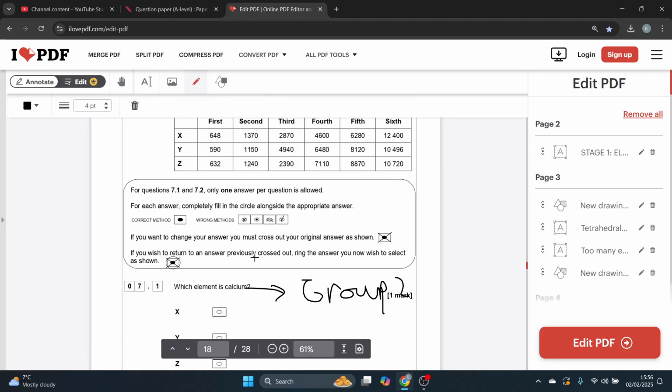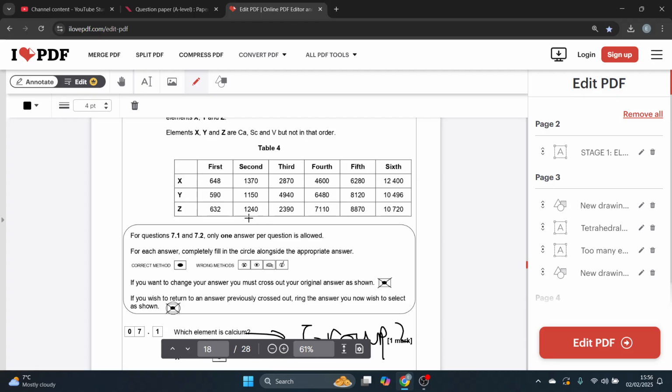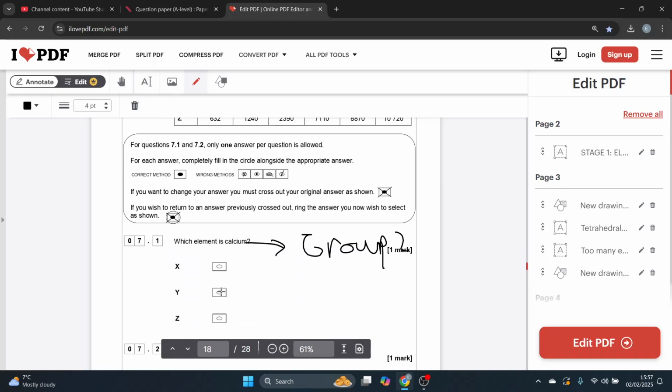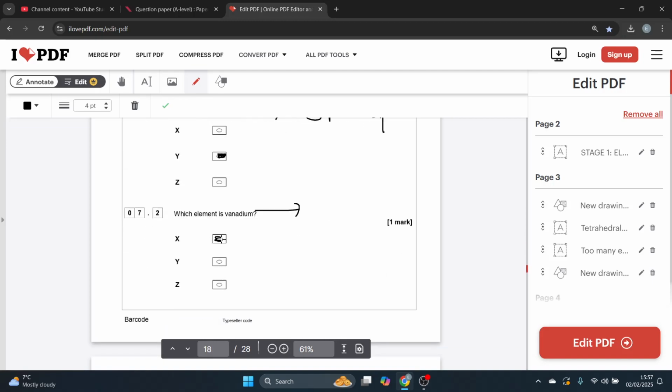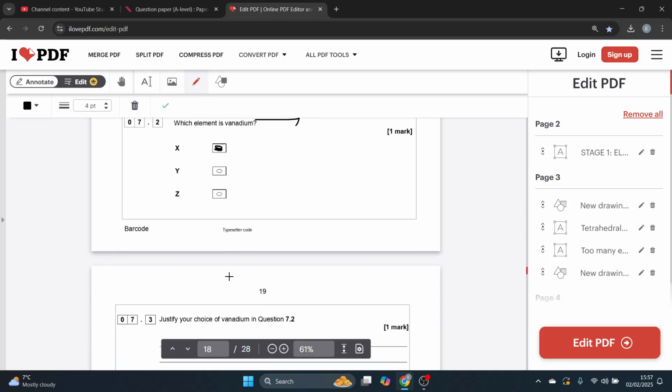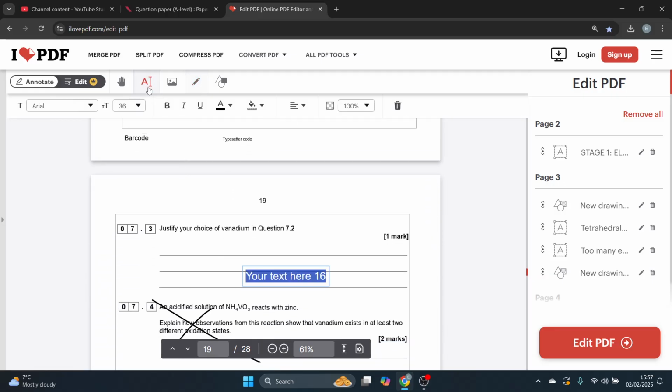Well, calcium, X, Y, and Z, the massive jump in ionization energy has got to be from the second one. Calcium is going to be Y, and vanadium is going to be X. Just the right choice of vanadium in question 7.2.